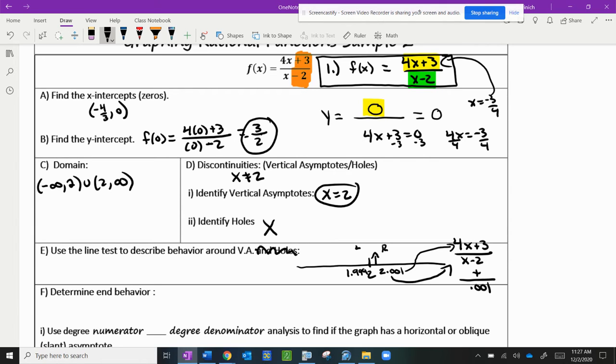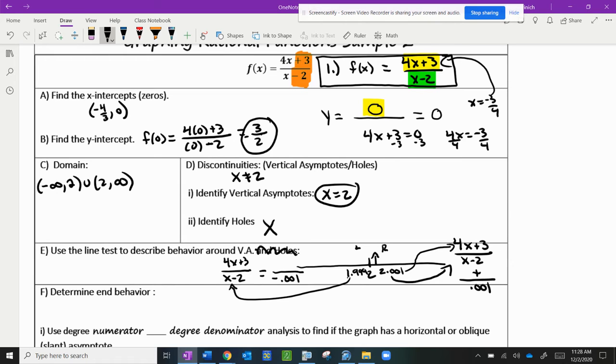Now I'm going to do the same thing on the left side. Let's look at the same fraction. When I plug in 1.999 for x, I get the same thing in the denominator, but it's negative 0.001, which is the same, because it's in the denominator, as multiplying by negative 1,000.